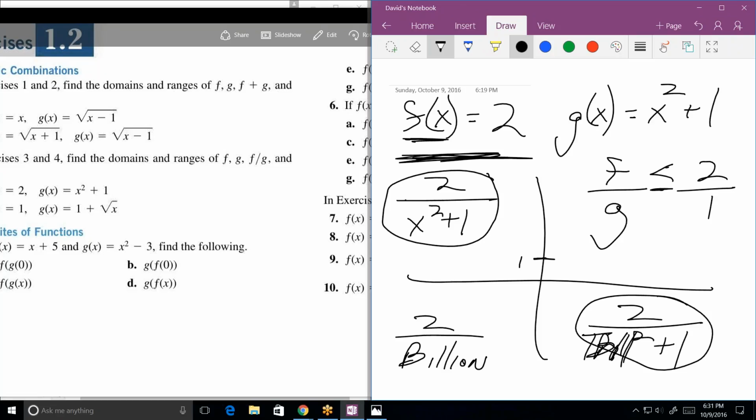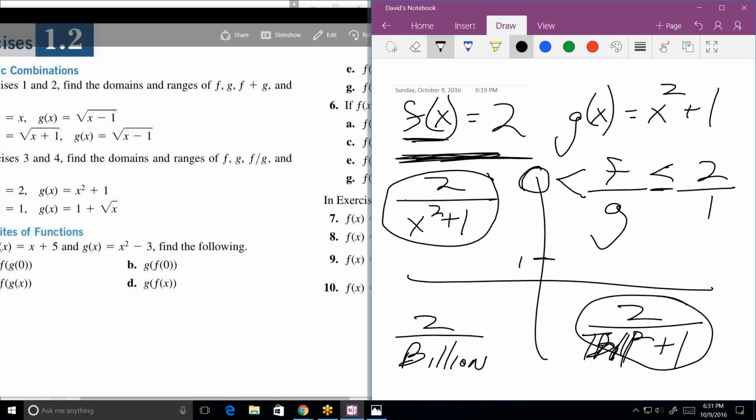The denominator is always positive, the numerator is always positive, but it can get very close to 0. So f divided by g has to be greater than 0, and it can never actually be 0.